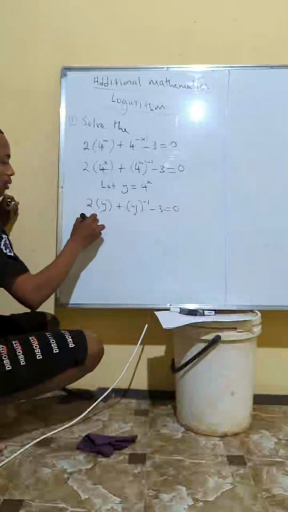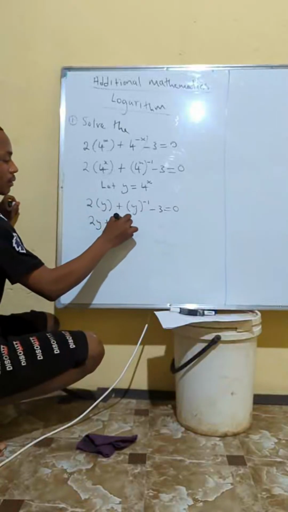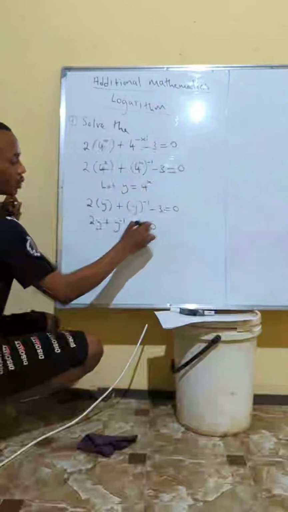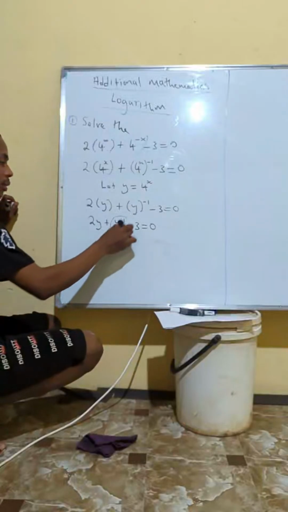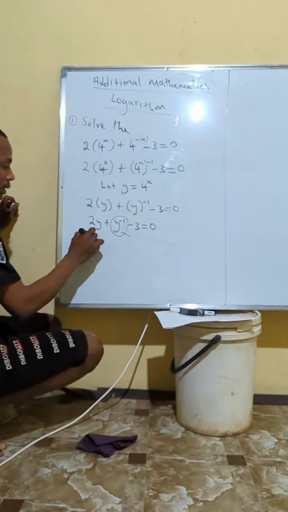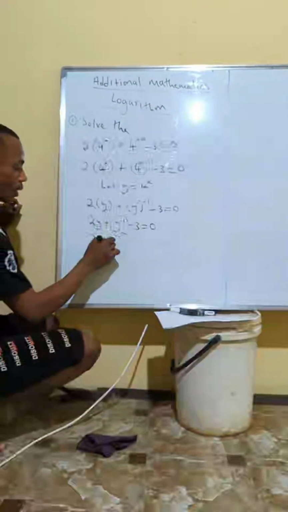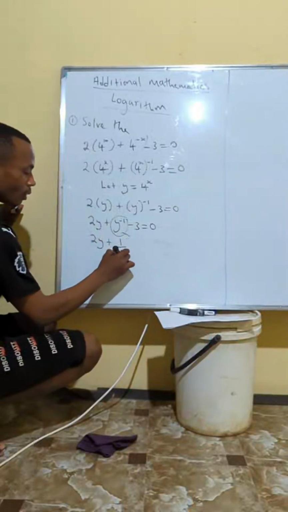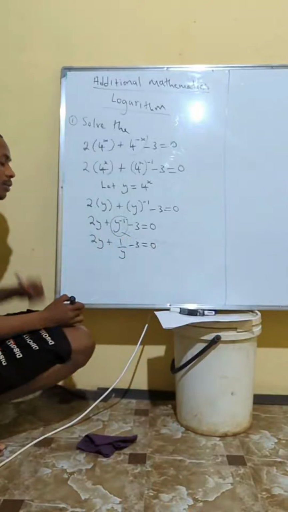Then you multiply it to be 2y plus y to the power negative 1 minus 3 is equals to 0. When you reach here, also here, we are applying the laws of indices. That will state that to be 2y, then plus 1 over y minus 3 is equals to 0.